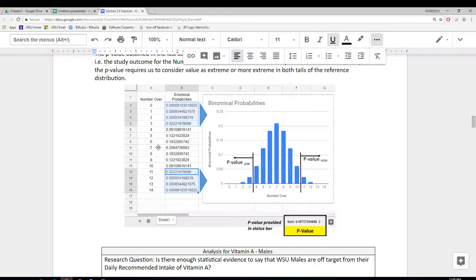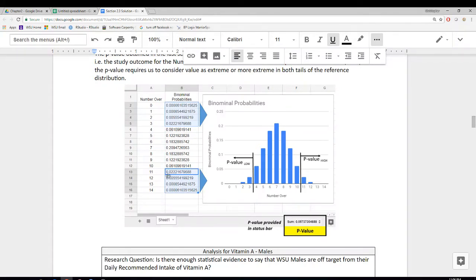Then I also need to go 4 above what is expected, which would be 11. So the corresponding value on this distribution is 11. That's the corresponding value for 3, on the other end of the distribution. So 11 is as extreme or more extreme than 3, just on the other end. So I need to highlight as well the probability values for 11, 12, 13, and 14.